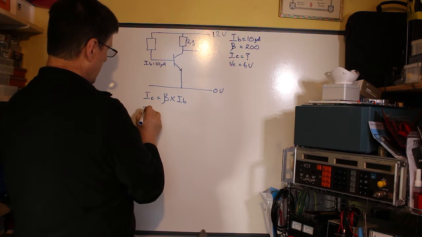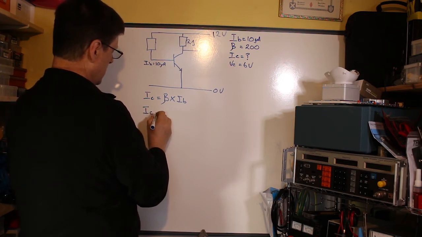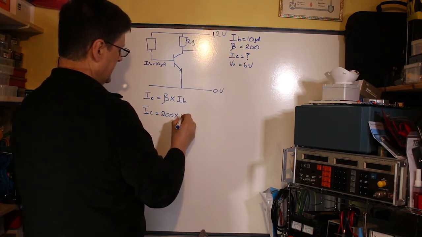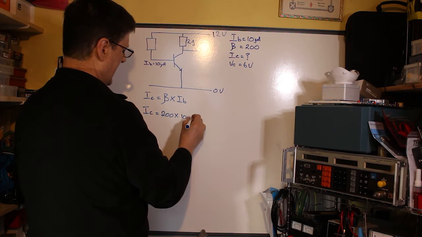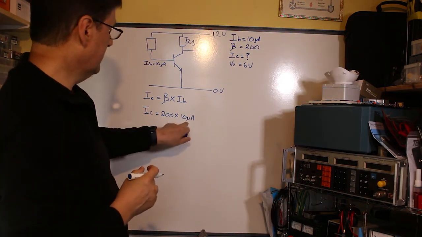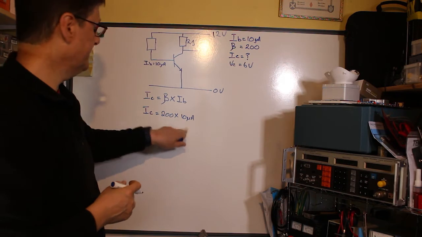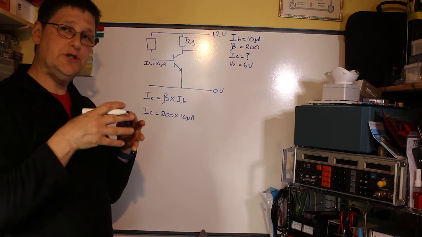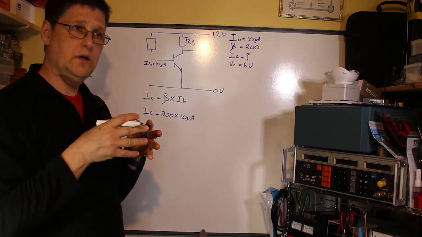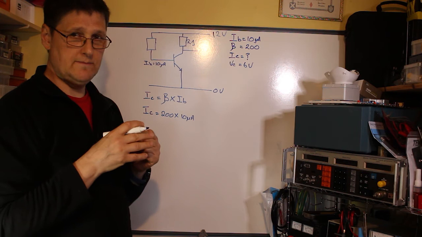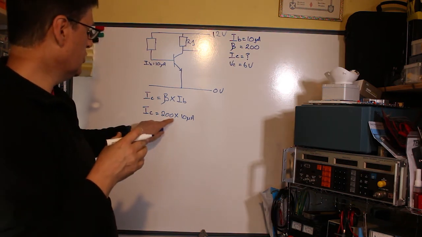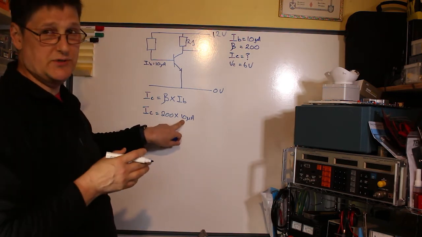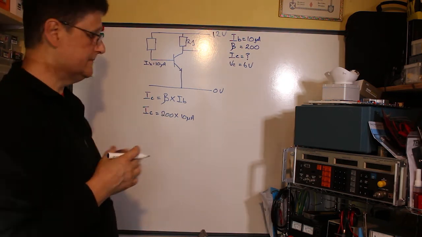So the collector current is going to be 200 multiplied by 10 microamps. Now to get this to work, you're going to need to convert that into amps. We need to get all the units down to the same value relative to each other. You can't just take 200 and multiply it by 10. That's not going to work because this is not 10 amps, this is 10 microamps.